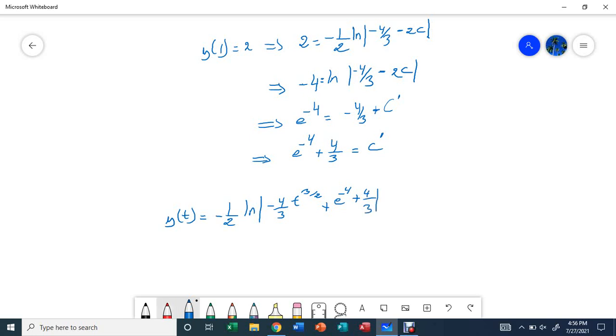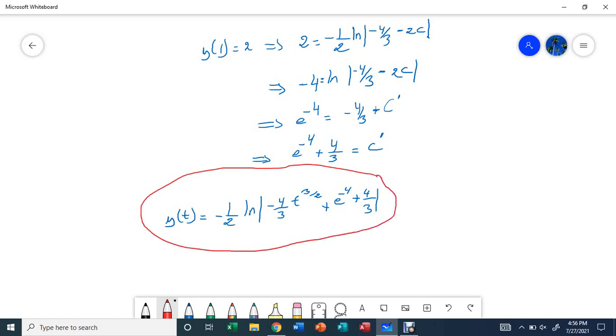So this is my final answer to the differential equation we started with, including the initial condition y(1) equals 2.